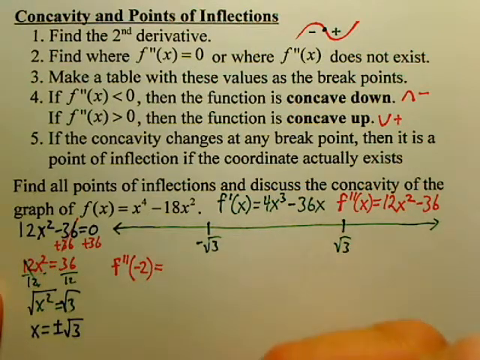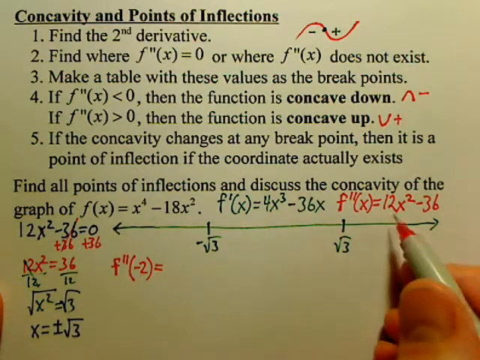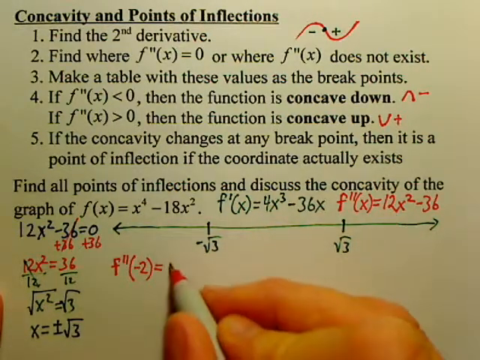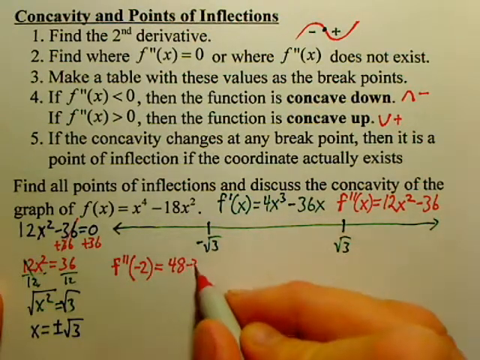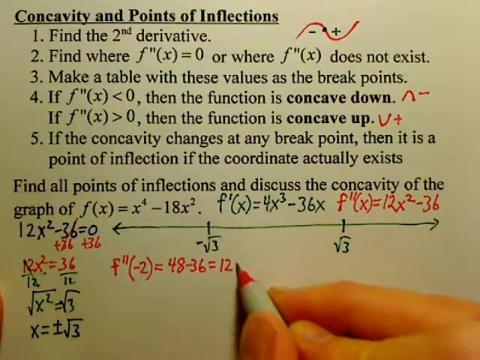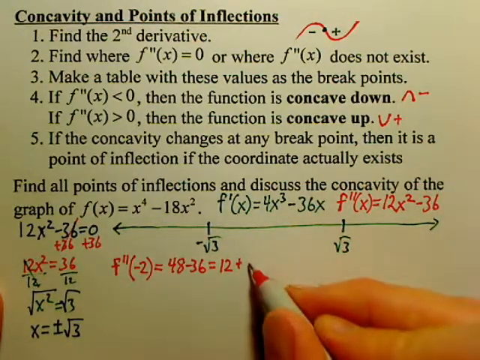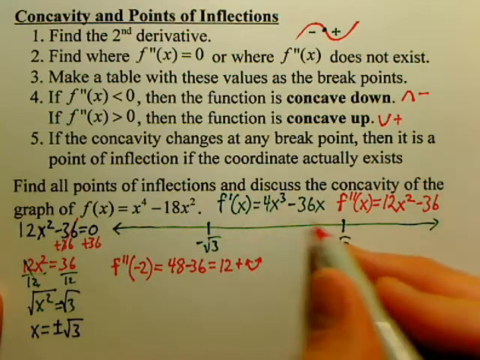When I put a negative 2 into here, you get 48 minus 36, which is 12, which is positive, which means this interval is concave up. It's happy. All right, now I've got to choose a value in this interval.